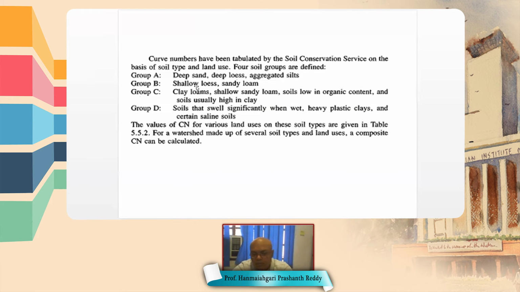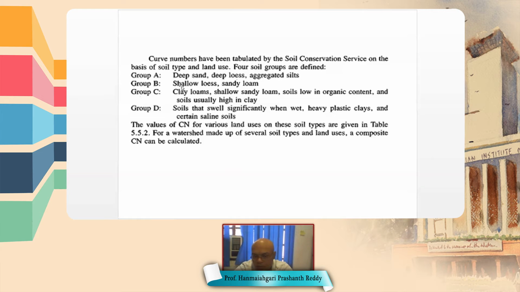So they have classified soil into four types: Group A, Group B, Group C, Group D. Group A is deep sand and deep loess and silts.